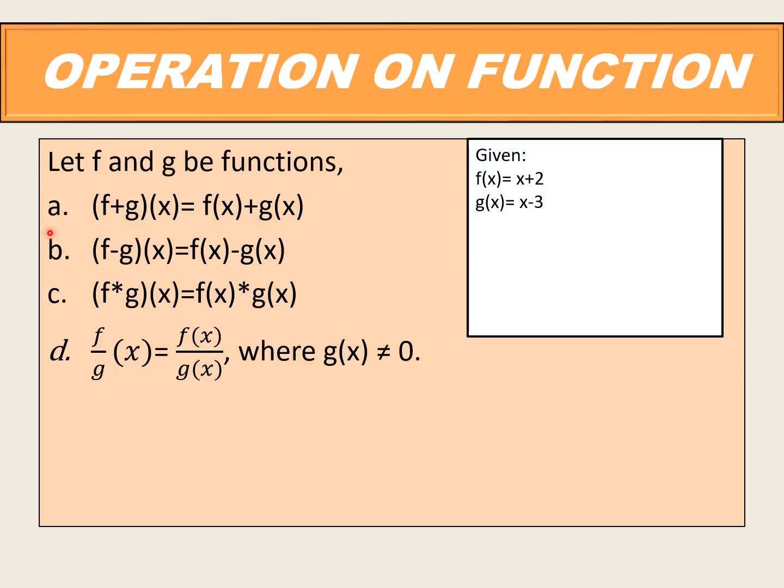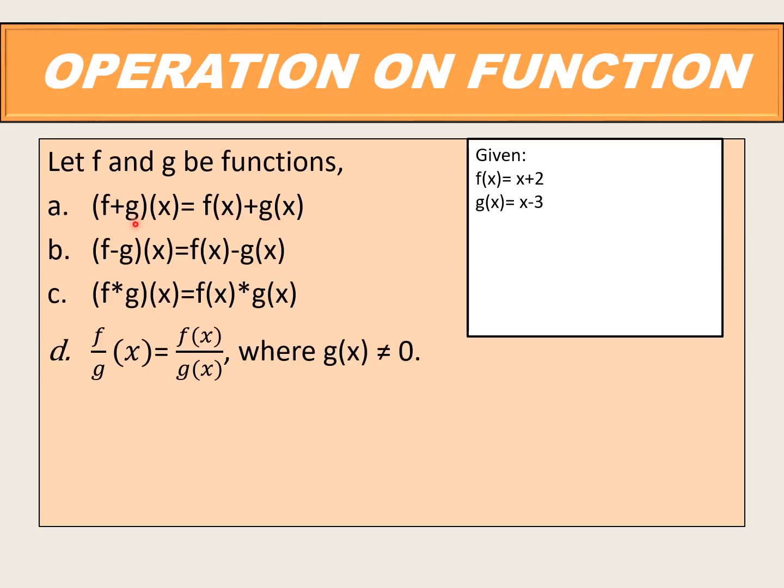Now according to the first item, letter A, the sum of the two functions f and g of the same x or the same domain would always be equal to the first function of x plus the second function g of x. Let me repeat, the left side, f plus g of x, is equal to the first function added to the second function g of x.